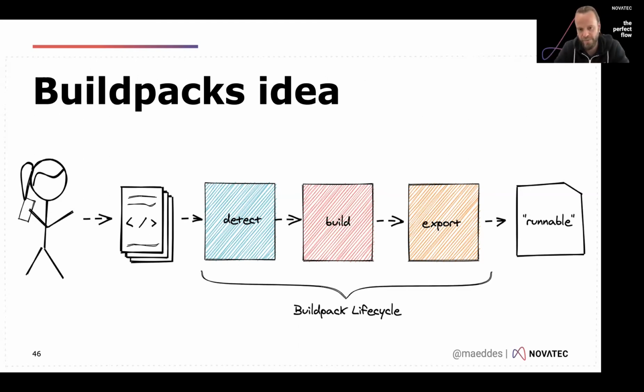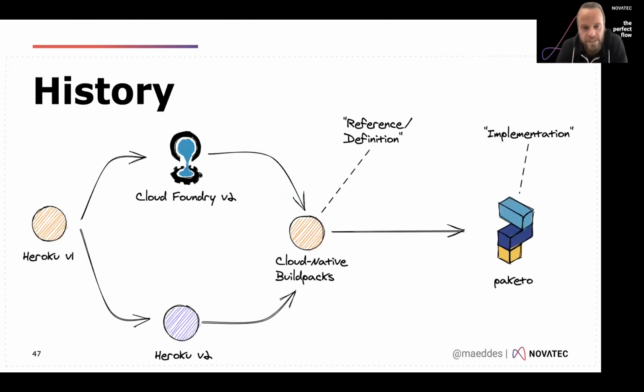the PaaS layer. However, this buildpack lifecycle is one thing that Cloud Foundry then adopted for a very similar buildpack mechanism for the Cloud Foundry platform. So the evolution took a bit of different paths. Cloud Foundry and Heroku went different ways, but with the Cloud-Native Buildpacks idea, things were brought together again.